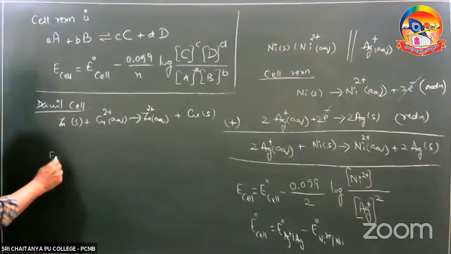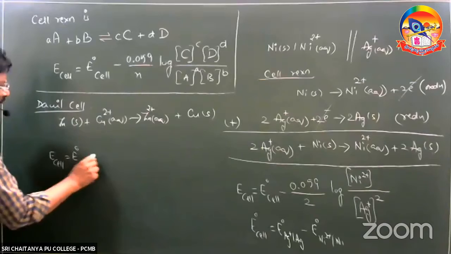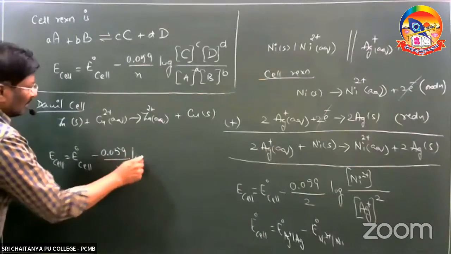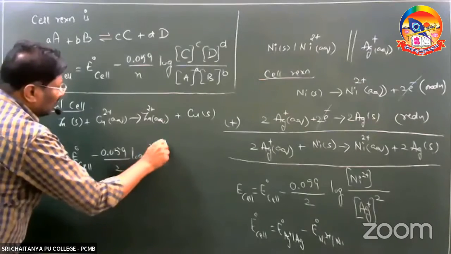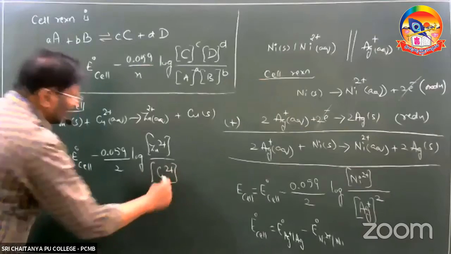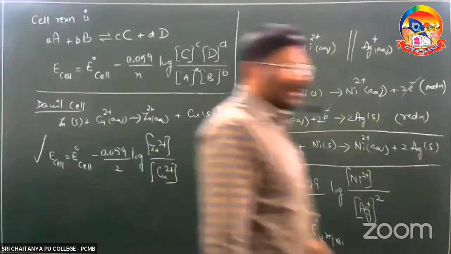E cell is equal to E naught cell minus 0.059 by 2 log of Zn2+ concentration by Cu2+ concentration. So like this we write the Nernst equation for the Daniell cell.